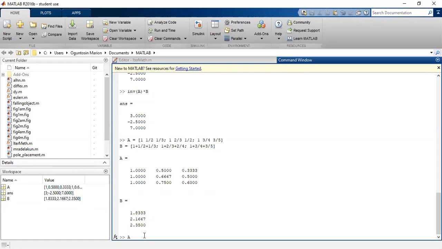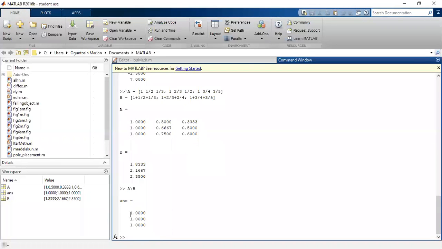When we solved for x, we got 1, 1, 1 as x1, x2, and x3. So it's a kind of matrix such that the solution for x1, x2, x3 is 1. That's how we formulated the problem.